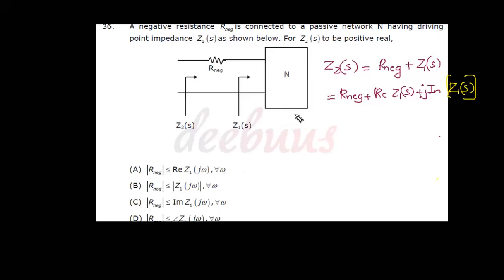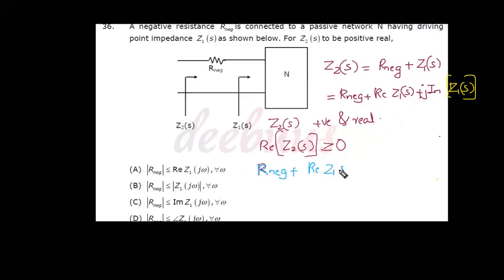Here in the question, we have to calculate Z2 of S to be positive real, right? For it to be positive real, the real part of Z2 of S, that is this term, must be greater than or equal to 0, right? That indicates RNEG plus the real part of Z1 of S must be greater than or equal to 0.